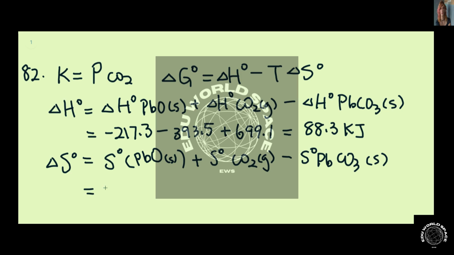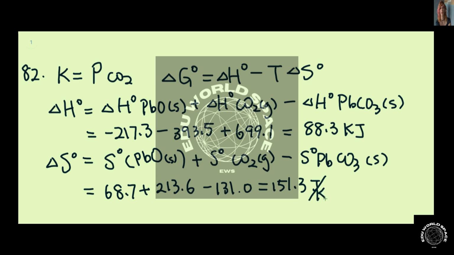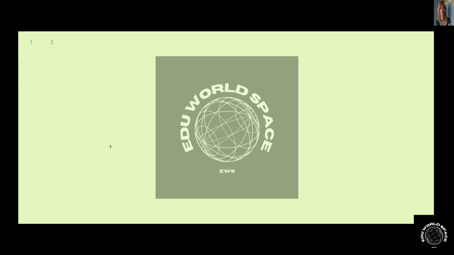And this is equal to 68.7 plus 213.6 minus 131.0, which is equal to 151.3 joules per Kelvin. And if we convert that into kilojoules, that would be equal to 0.1513 kilojoules per Kelvin. All right, so now let's look at each condition.